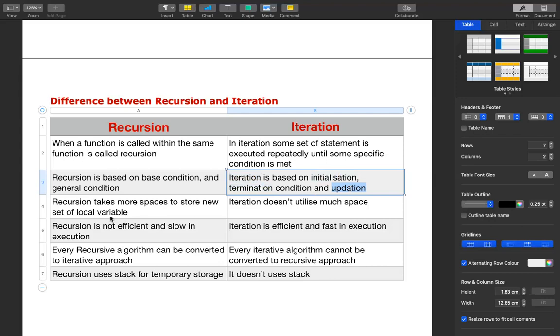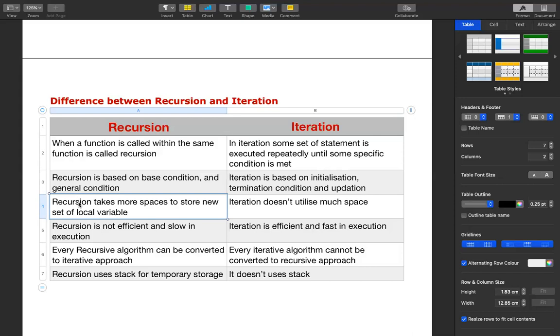The third difference is about what happens in recursion. A function calls itself within the same function. When a recursion calls the same function, it maintains another copy of the function in your internal structure. That means if you call the recursive function 10 times, the same function is copied 10 times.